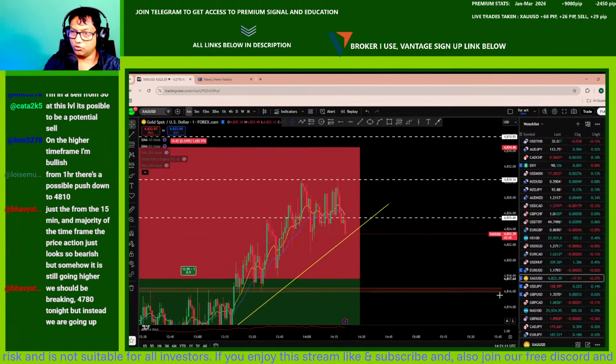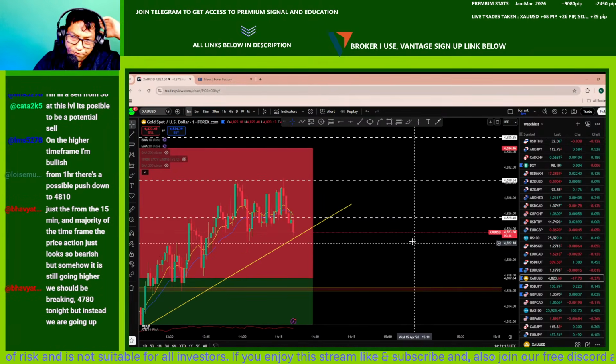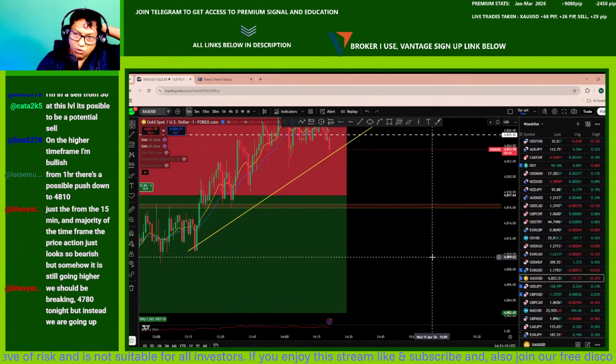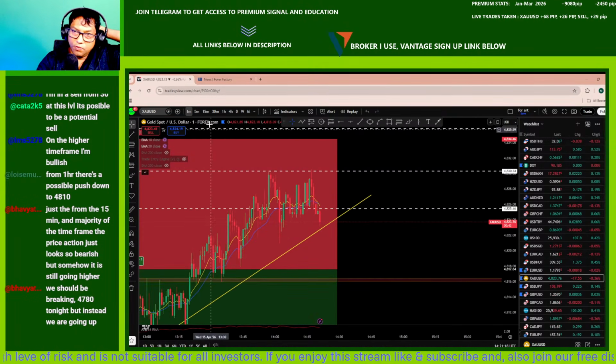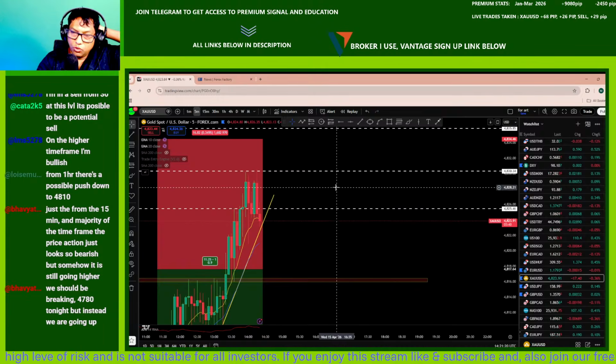Getting rejection here. So if it breaks below, looking to see that breaking a lot and coming potentially down back below here to the support.